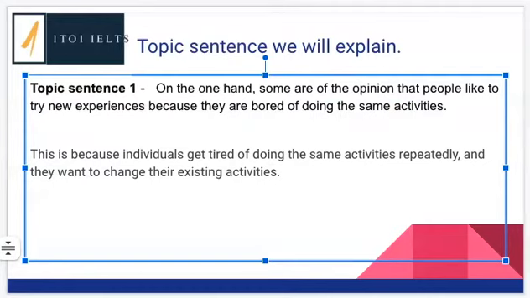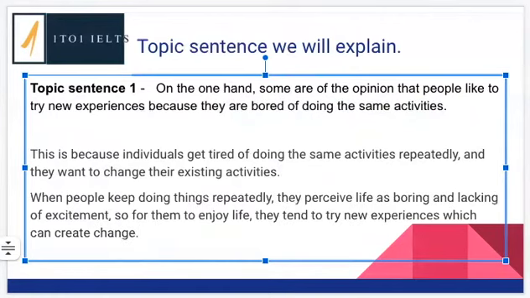Okay. So let's have a look at another sentence here. When people keep doing things repeatedly, they perceive life as boring and lacking of excitement. So for them to enjoy life, they tend to try new experiences which can create change. Okay.